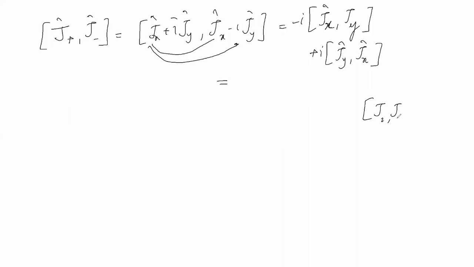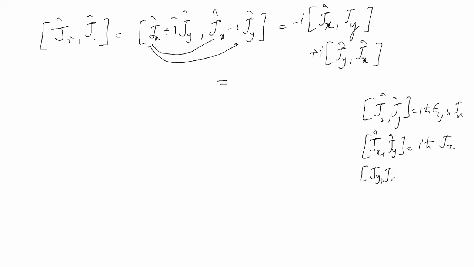We have seen that the commutator of Ji, Jj is i h cross epsilon ijk Jk. That means the commutator of Jx, Jy will be i h cross Jz, but the commutator of Jy, Jx will be minus i h cross Jz.